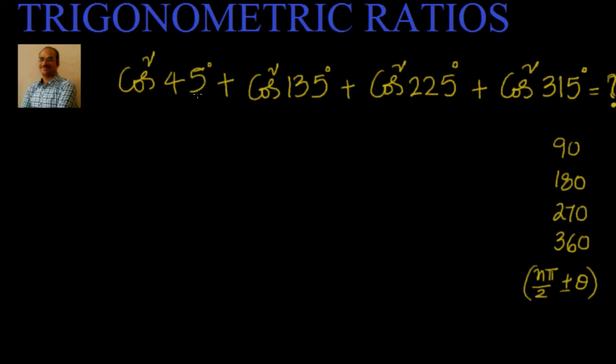Now if I look here, cos square 45, you know that cos 45 equals 1 by root 2. So I'll just go ahead and say cos square 45 as it is.